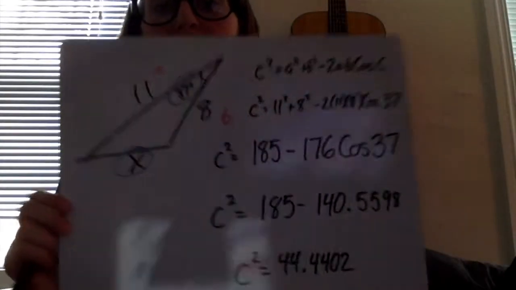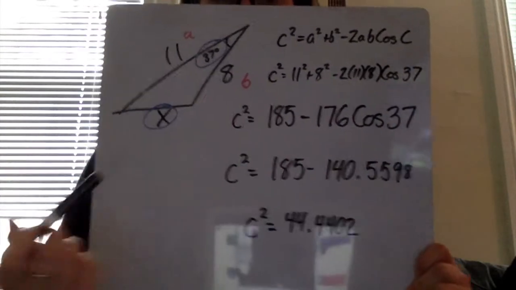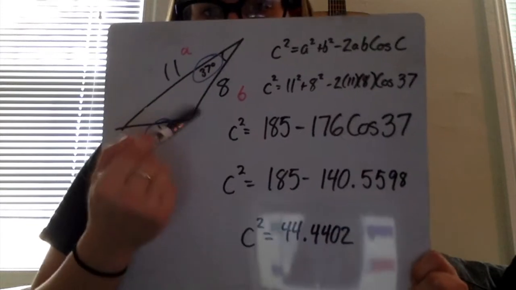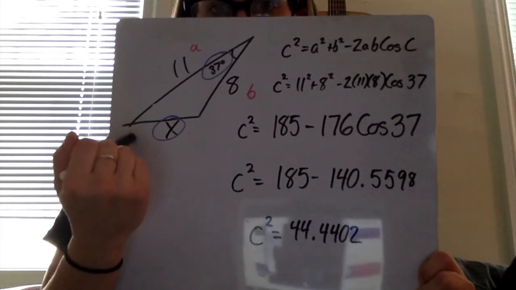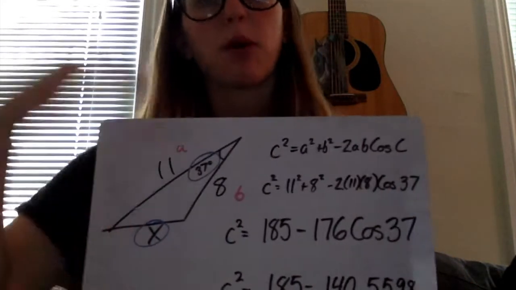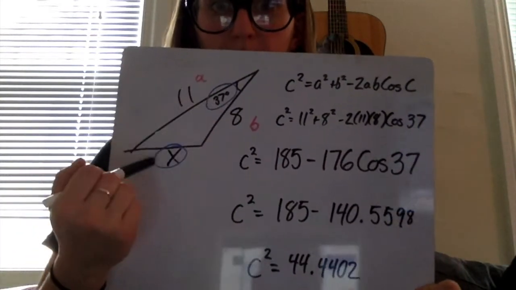Remember, it's c squared. It's not c. My side length is not 44. And it wouldn't make sense either, right? Because this is a small angle. So we can assume this is a bigger angle because that's a bigger side. So this shouldn't be bigger than 11. Because just by looking at it, and I know it's not perfectly to scale, but by looking at it, the smaller the angle, the smaller the opposite side.